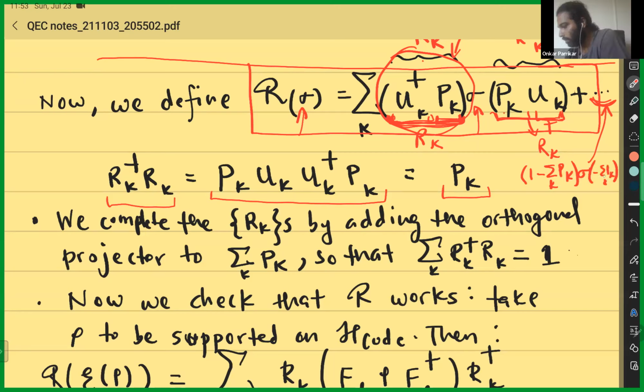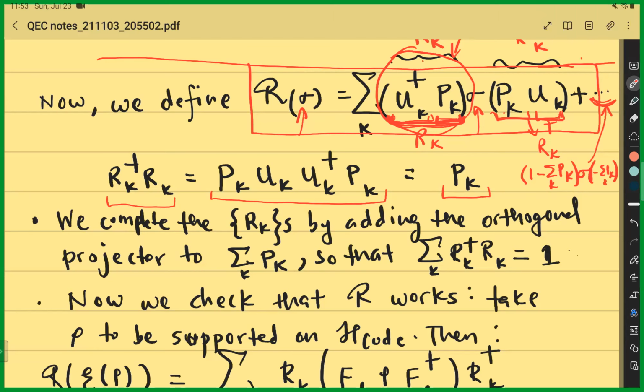I can ask a question about, so the K is labeling the environment, right? Yes. So naively, could I think that the environmental Hilbert space has larger cardinality than the system Hilbert space, and so the sum over PK will give you a... You might have thought that, but you can also consider situations where the environment is very small, first of all.